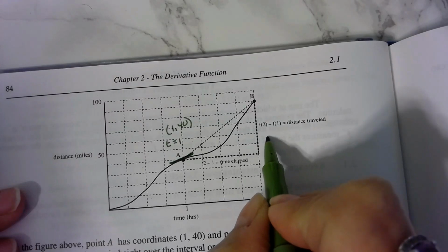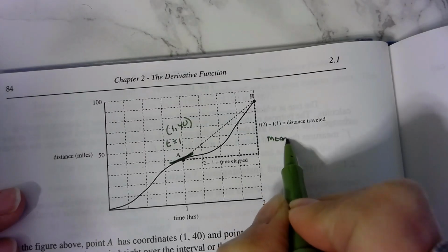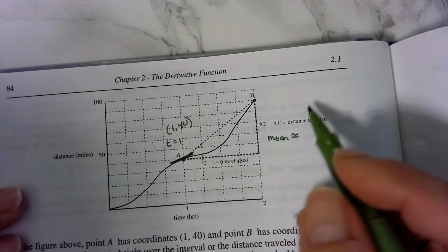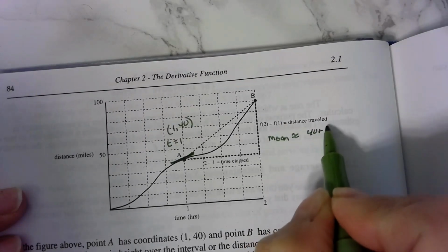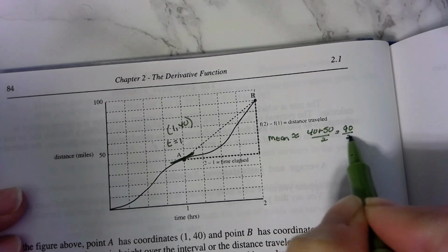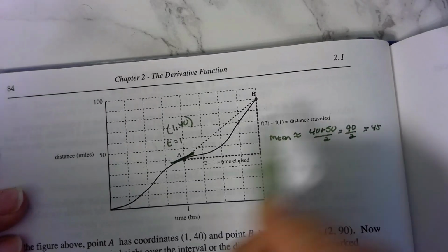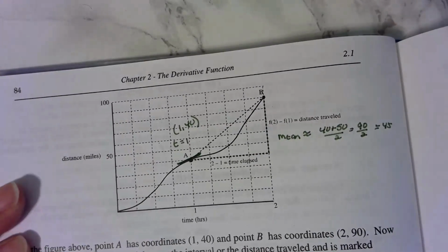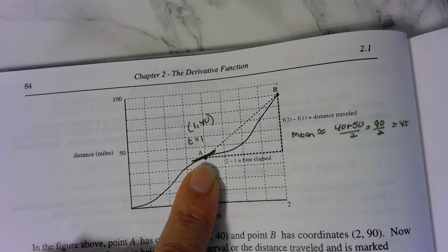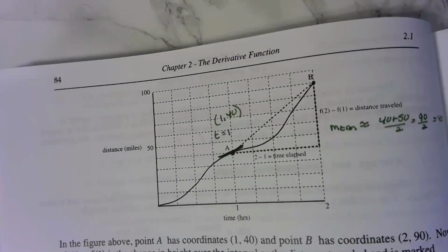So the slope of this tangent line is approximately equal to, because I'm estimating, 40 plus 50 divided by 2, which is 90 halves or 45. And we said originally that the average velocity over the entire trip was 45 miles an hour. So at this moment in time, our velocity was 45.